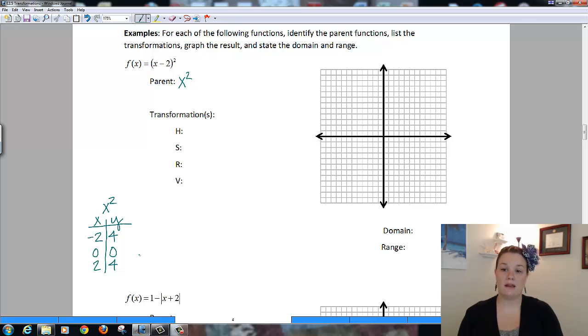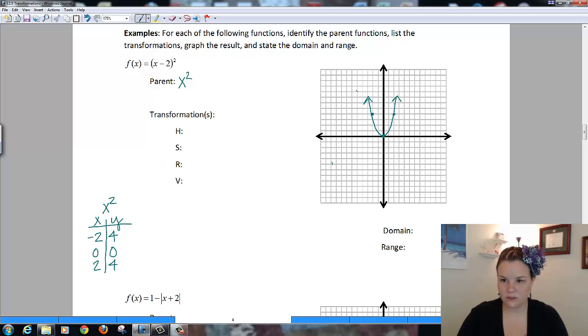So I'm going to go ahead and graph my original parent function. On your worksheet, you don't have to graph the original. I just want the end result. You can if you want, but I'm going to do it just so we can see what happened. So this means at -2, I'm up at 4. At 0, I'm at 0. And at +2, I'm up at 4. So this is just the original parent function, just like we went over at the beginning of class.